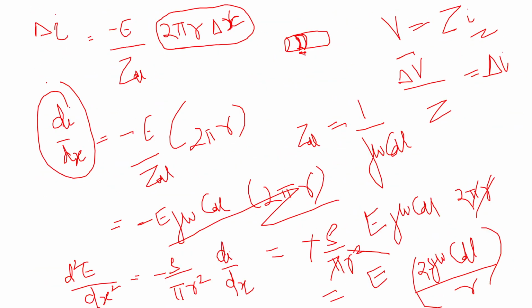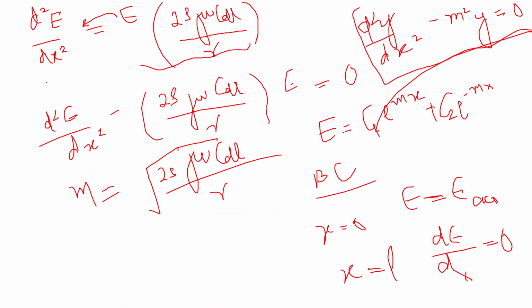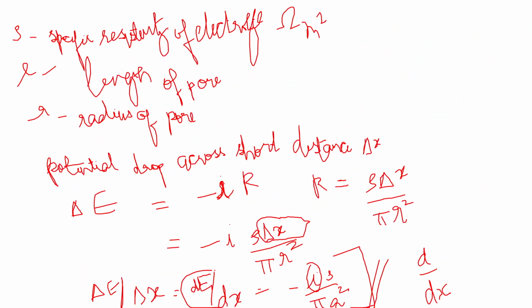How is it related to the current? You know here d by dx is equal to minus I into rho into pi r square. You know d by dx, substitute the value, then cross multiply or rearrange, find out what is I. Can anyone tell me?